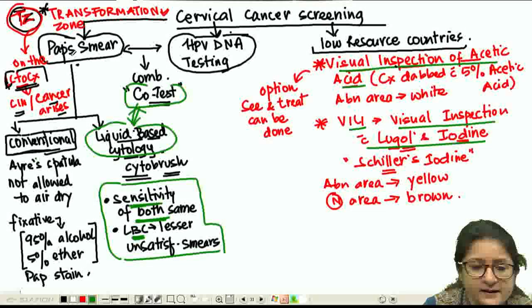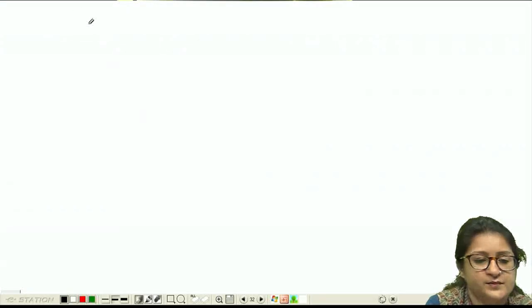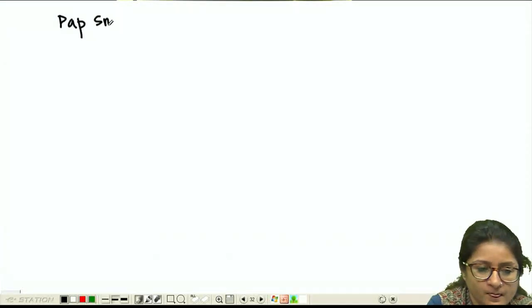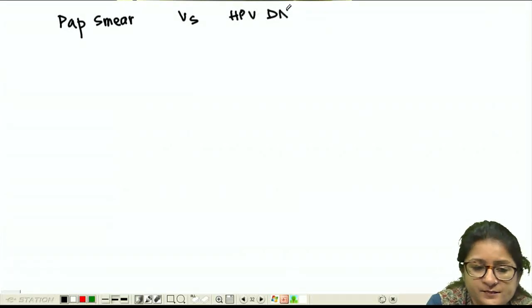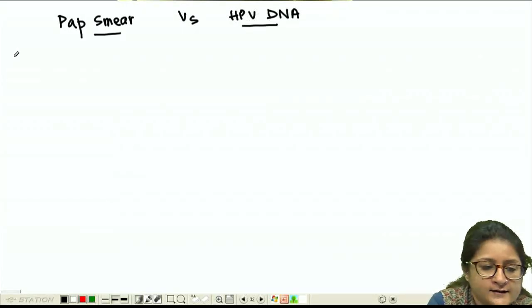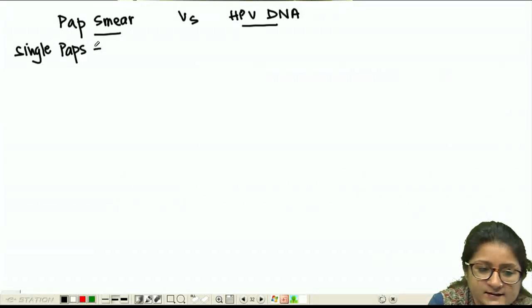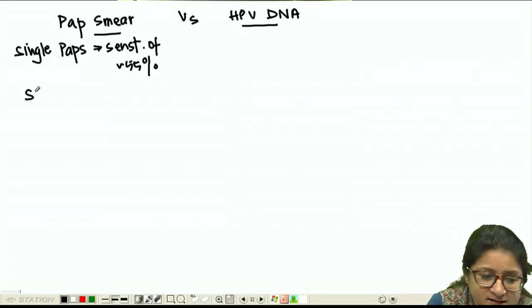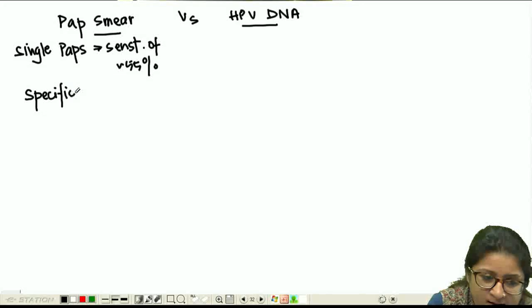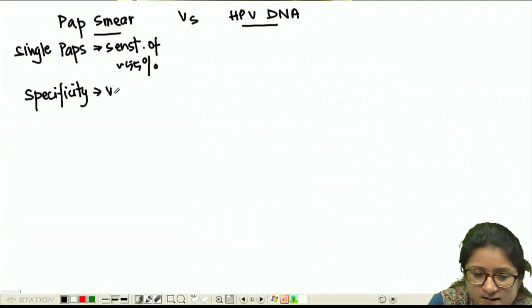Now, considering pap smear versus HPV DNA testing. A single pap smear has a sensitivity of only about 55%, but the specificity of pap smear is very good, around 80 to 90%.